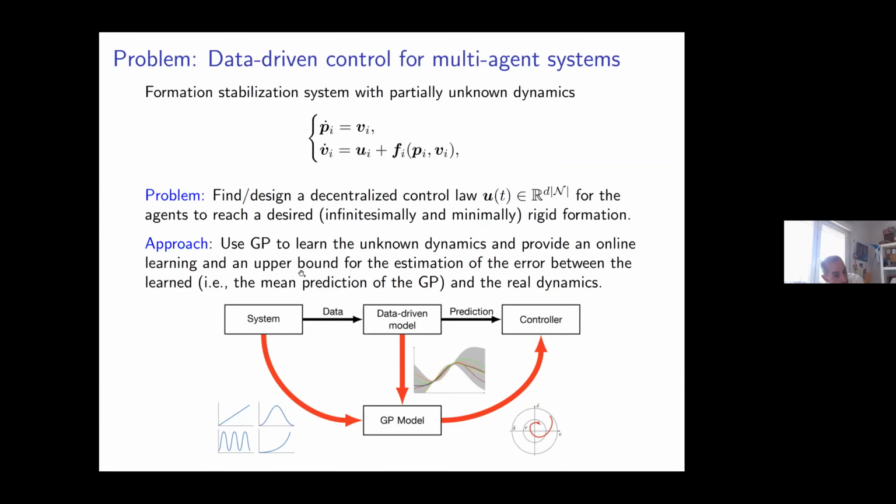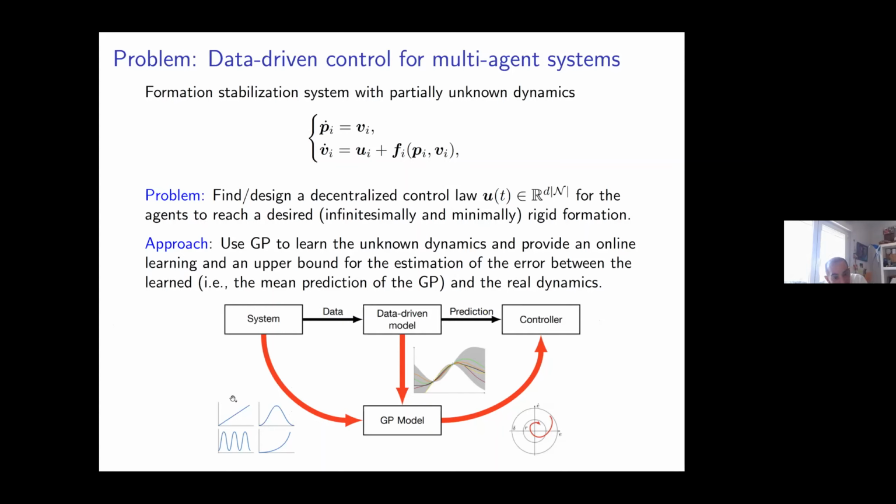Before Gaussian processes, data-driven approaches in general start with the system and some data, then we construct the data-driven model and make predictions on it to design the controller. With GPs, we first have some a priori information of the model. Maybe we know that the model is sinusoidal or linear or cubic, and we have some data.